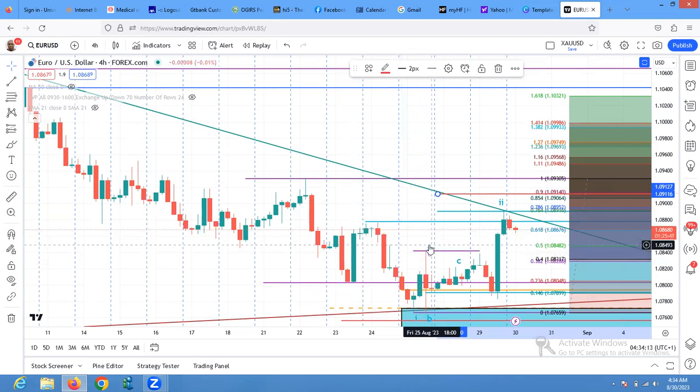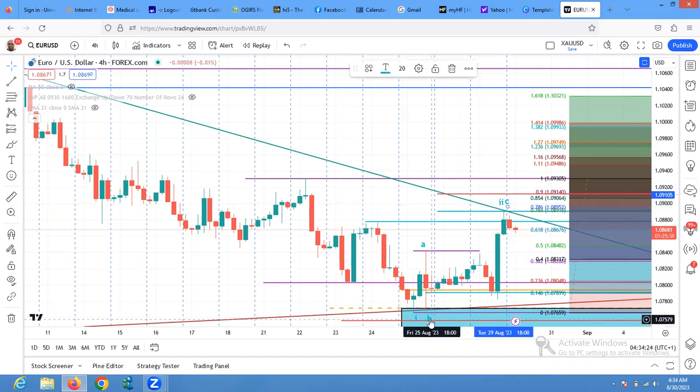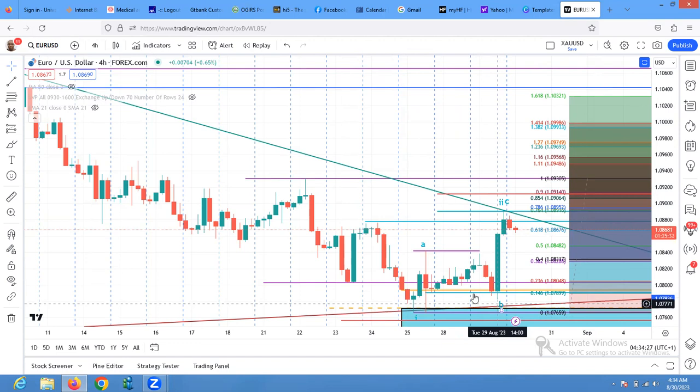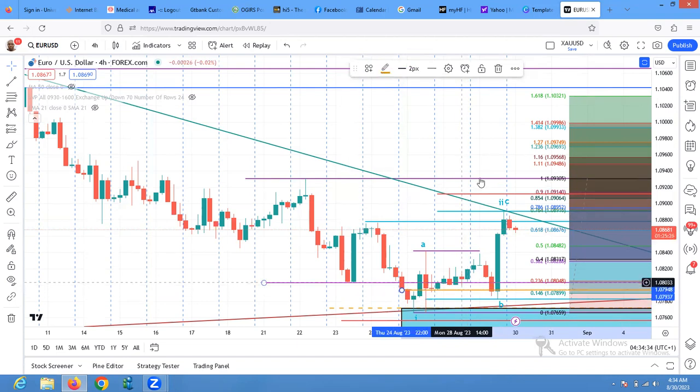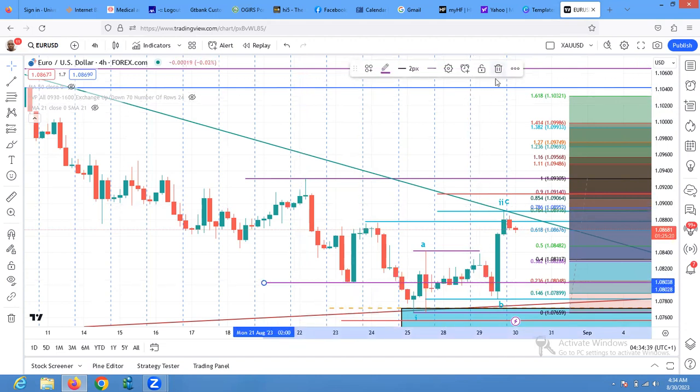So this now becomes a wave 1 here, and this becomes a wave C of 2 here, and this one becomes the B of wave 3. That is what we can see here now. B of wave 3, and this is still part of wave 1.